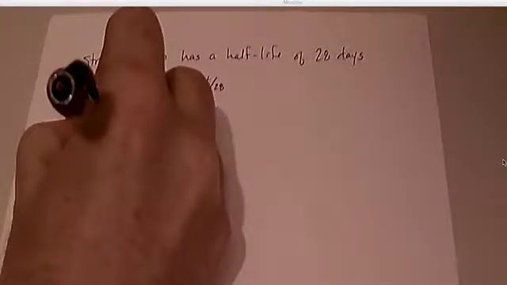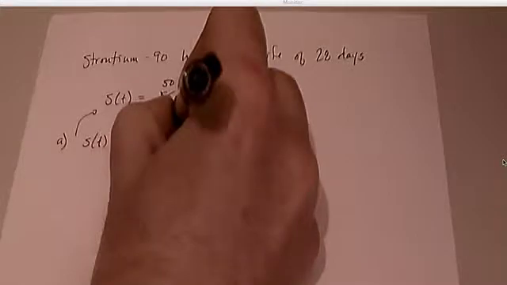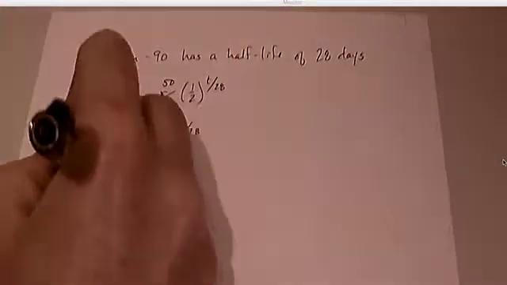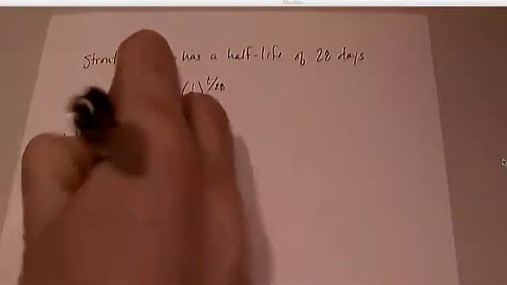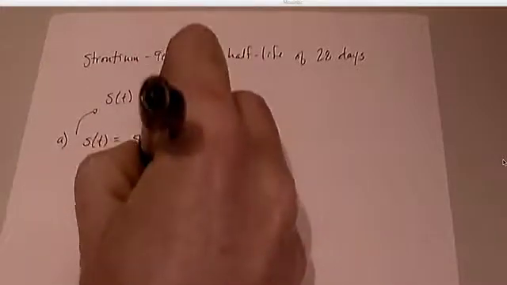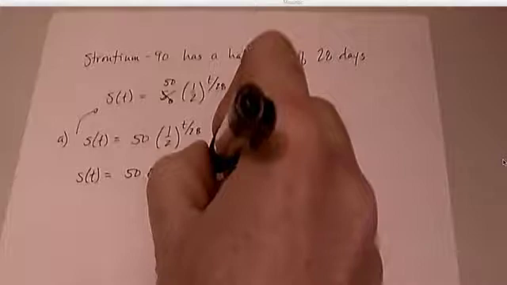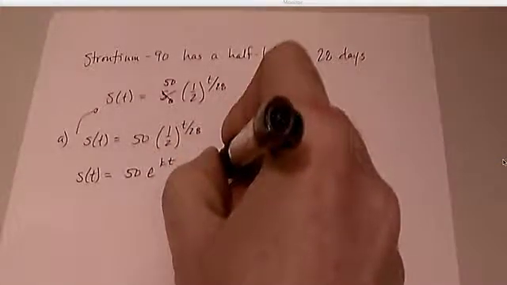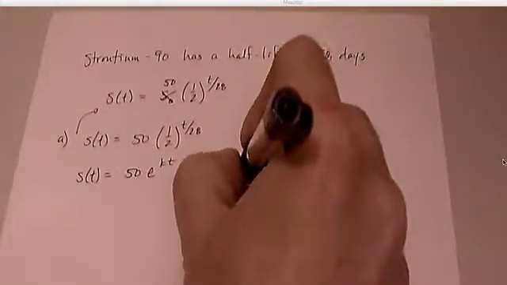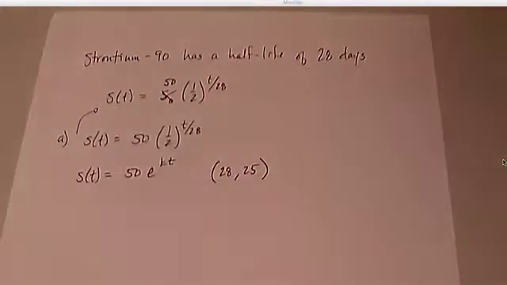So it's S of t is equal to S naught 1/2 to the t over 28, or if you like the e to the kt, you have 50 e to the kt, but then you have to go searching for k by actually using that ordered pair, right?